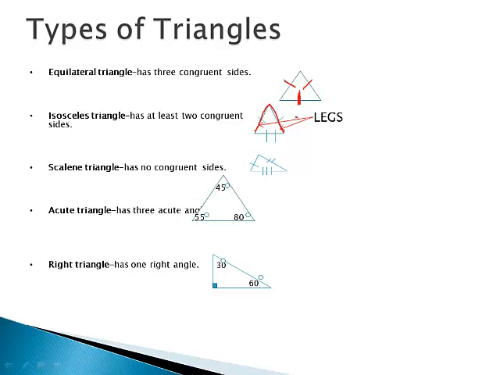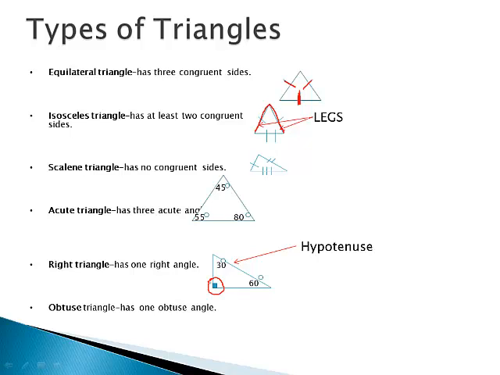But the main thing that's important is that it has one right angle. The side that is opposite the right angle is called the hypotenuse. You should remember from probably middle school when you used the Pythagorean theorem, the longest side of a right triangle was called the hypotenuse.